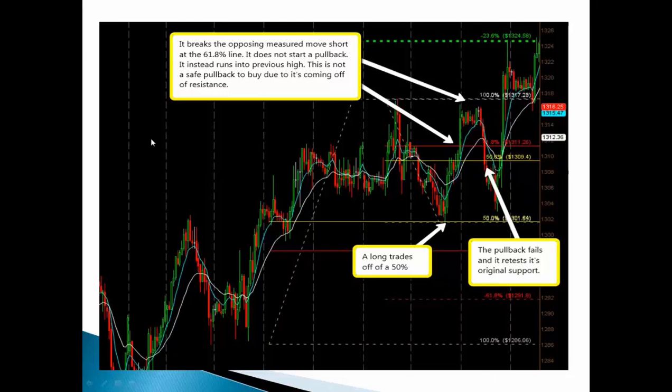So this is a case of whatever trades first. If it trades the resistance before the support, you can't trust the pullback. This is the only time that you can't trust the 61.8% line trade with a limit order. At any other time, it's an extremely reliable trade for first targets hit.